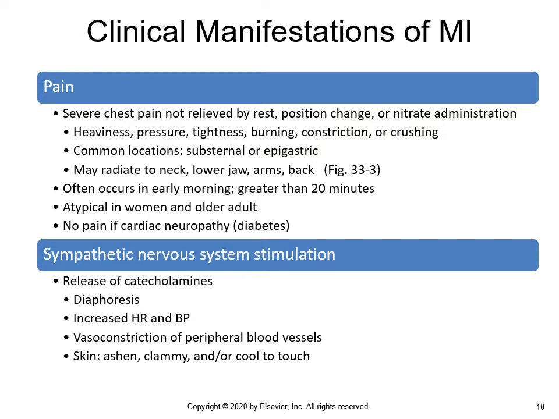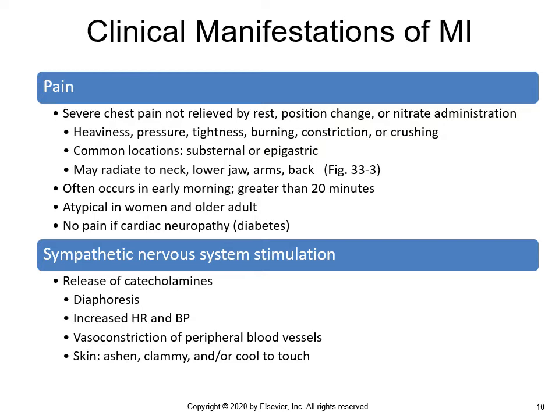Patients with diabetes may have a silent or an asymptomatic MI because of the cardiac neuropathy, or atypical symptoms such as shortness of breath. An older patient may have a change in mental status such as confusion, shortness of breath, pulmonary edema, dizziness, or dysrhythmia.